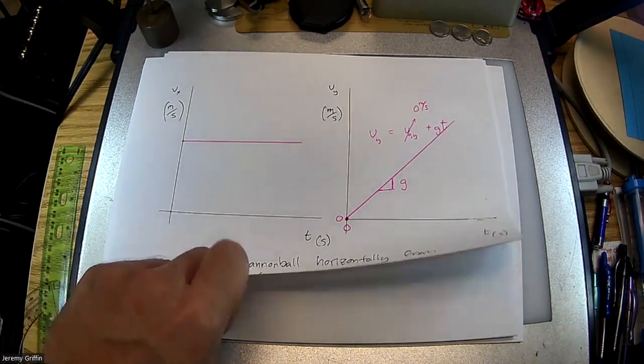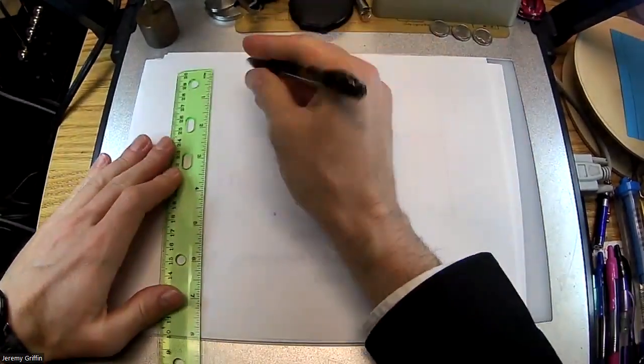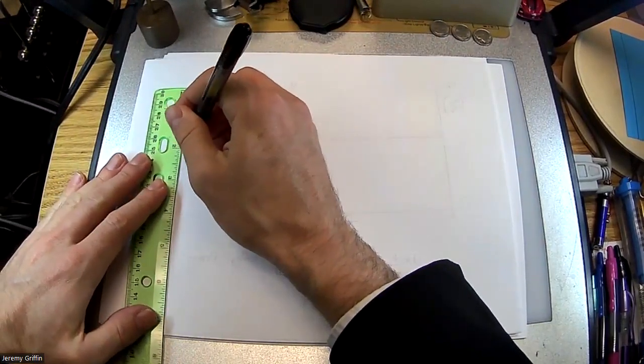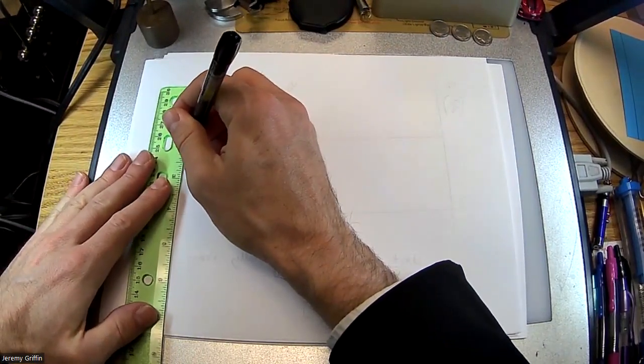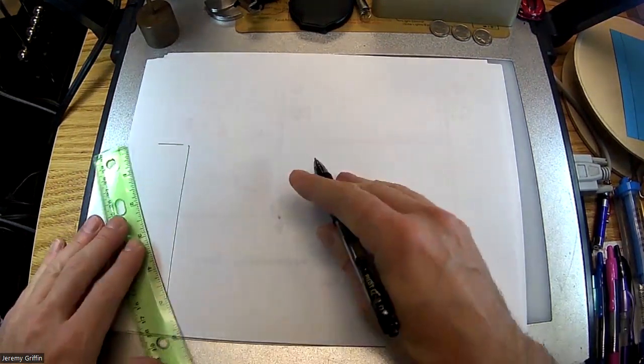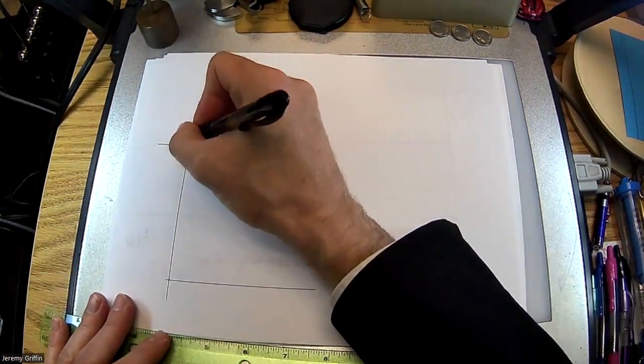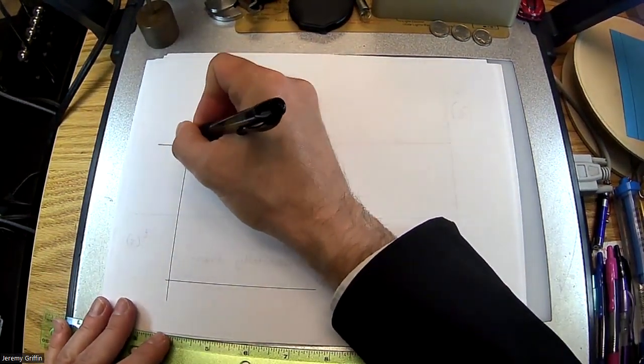Let's go to the edge of a cliff, and let's modify this a little bit. Let's say you're going to blast the cannonball at some angle. Let's make some graphs for this. So cannon, edge of a cliff.